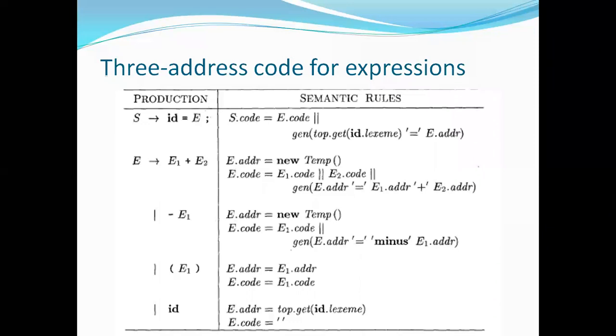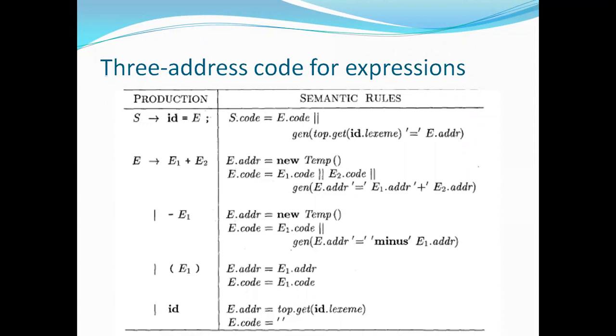See here we have an example. For this example, the translation scheme will in turn generate the three address code. What it means is, all those are the production rules, and here I am defining the semantic actions or the semantic rules. Here these are not translation schemes.